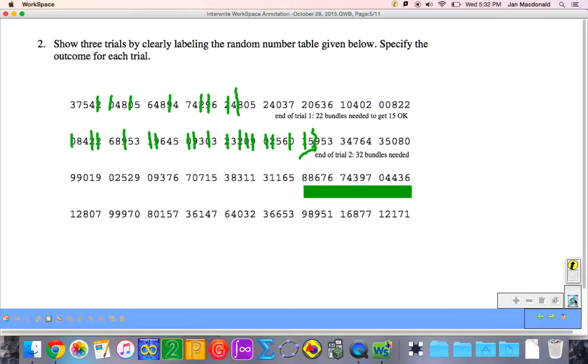Okay, and finally, we're going to use our third trial. And again, digits 3 through 8 are designated to be beautiful roses. Okay, 1, 2, 3, 4, 5, 6, 7, 8, 9, 10, 11, 12, 13, 14, 15.